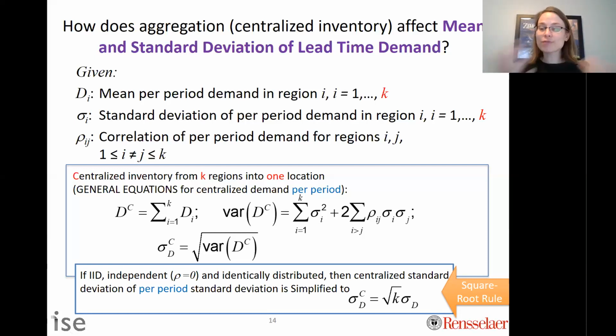Region 1 is independent from region 2 and region 3. And they're all normally distributed, and they all have the same mean and standard deviation. So if you have that case, you have IID. And the beauty of IID is there's a nice, easier equation to get the standard deviation of centralized demand per period, which is this equation here, the square root of K times the per period per region standard deviation.